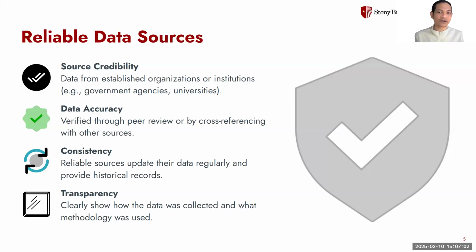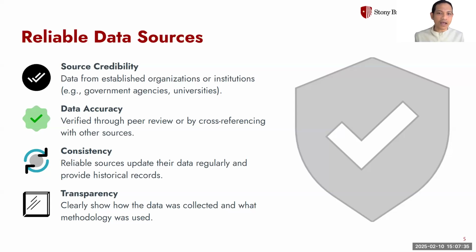We can do this by verifying it through peer review or cross-referencing with other reputable sources. It doesn't have to be us; it can be done by someone else. But when the data has been through peer review or cross-referencing, then we know it's more likely to be accurate than data that's just uploaded or posted by someone without any peer review or cross-referencing done.